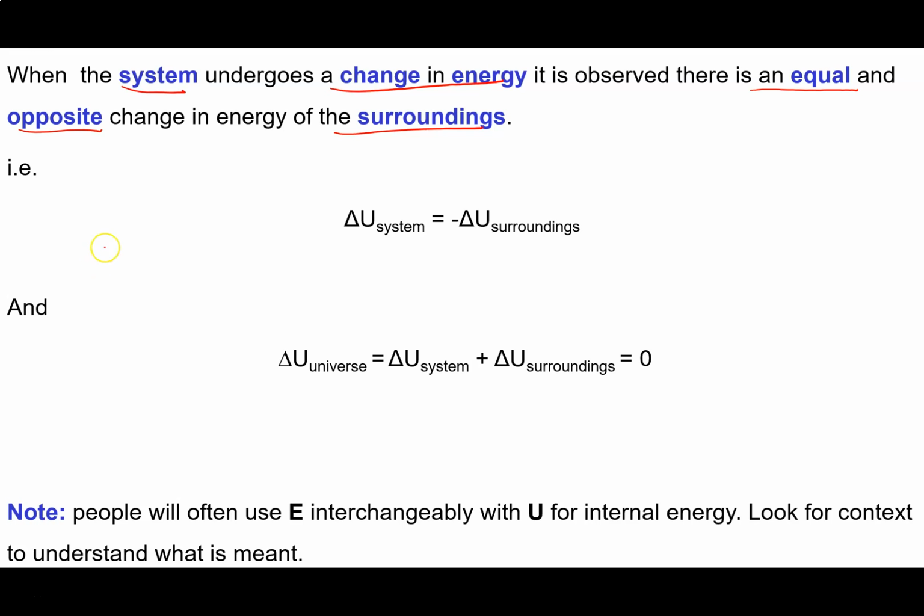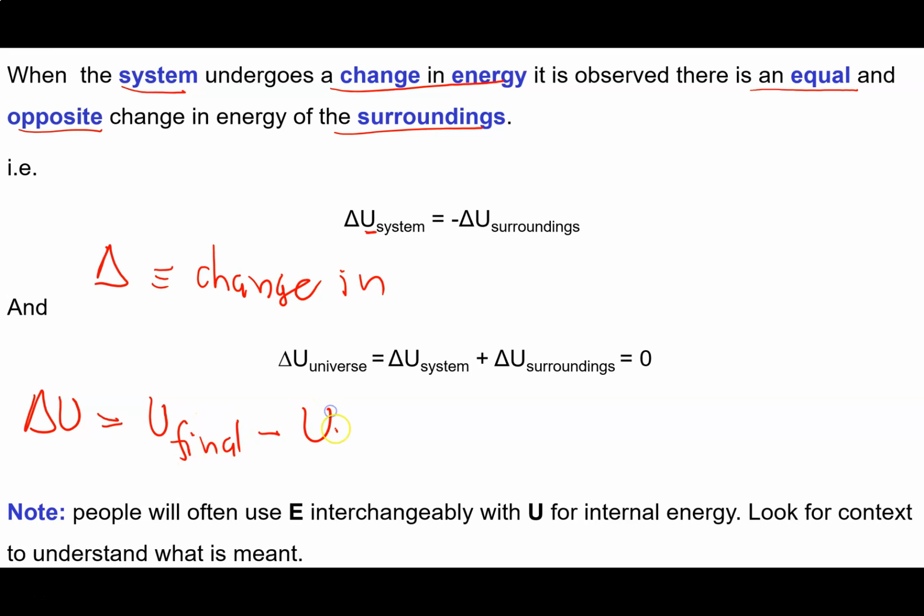Now, we tend to use the delta symbol to indicate the change in a quantity. So when I write delta U, U indicates the total energy of the system. What this means is it's the final energy value of the system minus the initial total energy of the system.